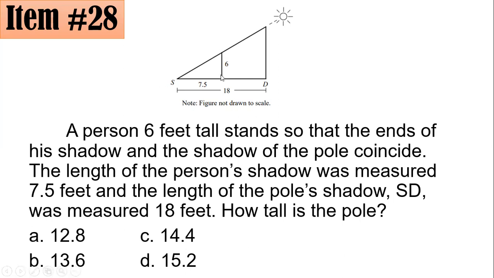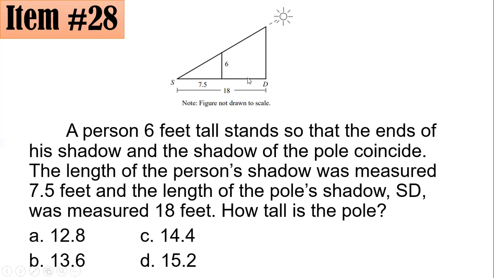So this is the man, and this is the pole. Here's the 7.5-foot shadow of the man, and here's the 18-foot shadow of the pole. It's important to note that the person and the pole here are both vertical.